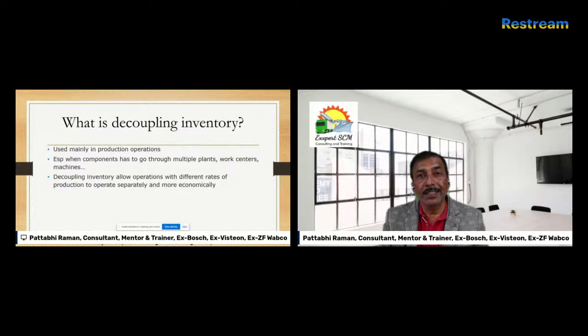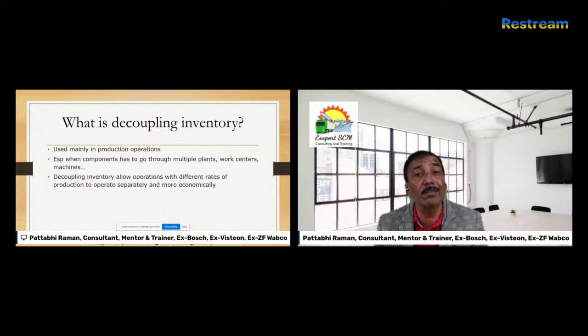Where it is able to do fewer pieces or more pieces, you have to see where you have to keep a buffer so that the operations are continuous. Especially when the machines are capable of doing more, you have to keep some additional inventory there, because the machine should not stop.